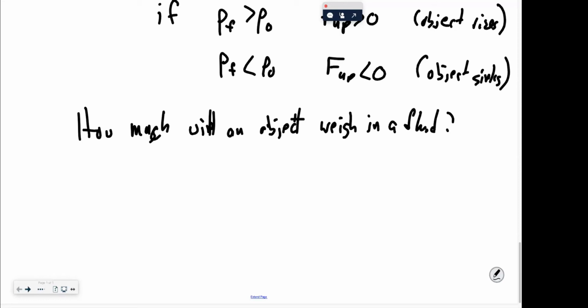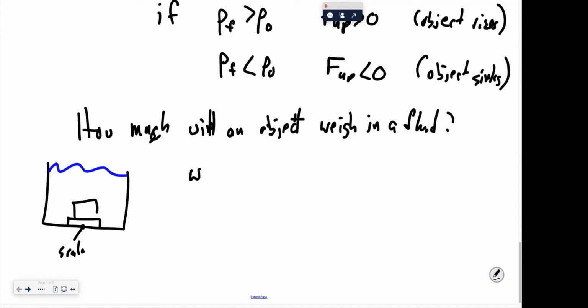Well, weight, what is weight? Let's draw the picture too, because here is a scale. We've got some fluid here. There's our scale, and here's our object. So some object on a scale at the bottom of a pool. That's our thing. What is weight?